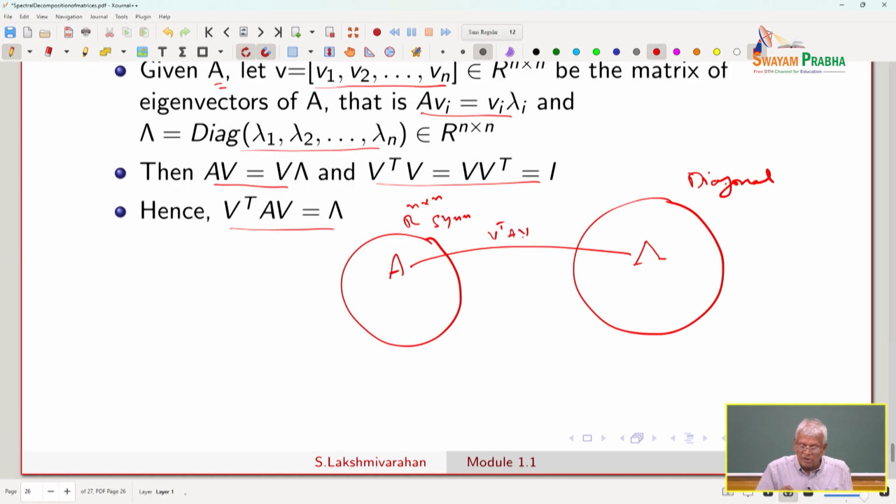So, that means for A there exists a matrix V such that the matrix is equal to this, and V transpose is V inverse because V is an orthogonal matrix. So, we can also write this as V inverse AV. This transformation is called similarity transformation.